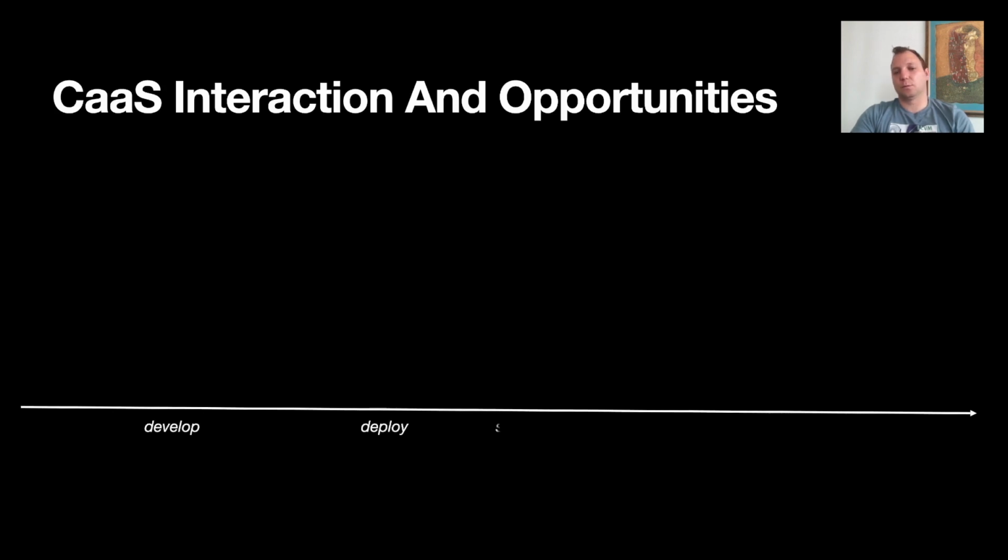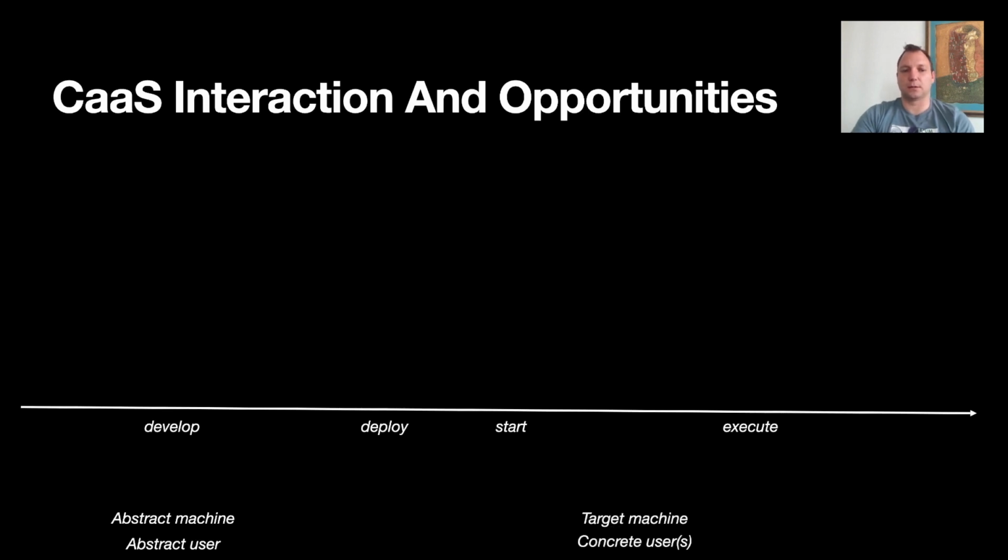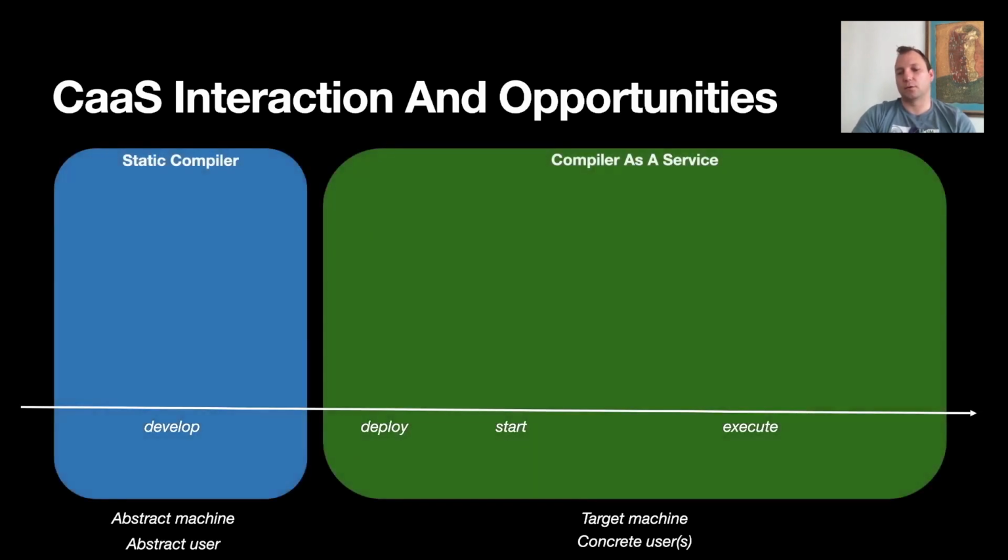For example, normally when we talk about an application, we have a bunch of phases: development, deployment, start phase, and execution phase. Normally when we develop code as users, we develop with an abstract machine and abstract user base in mind. But generally what we want is a very concrete user and a very concrete machine.